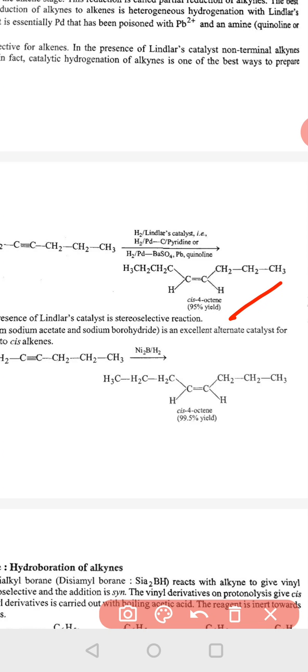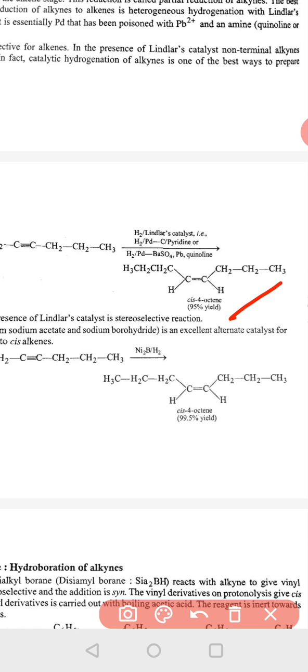The product we get is in very good yield, 95% using Lindlar's catalyst. This reduction in the presence of Lindlar catalyst is a stereoselective reaction as we get almost 100% yield of the cis product.